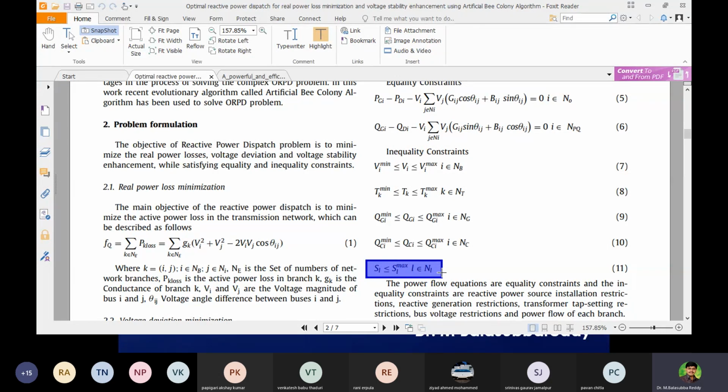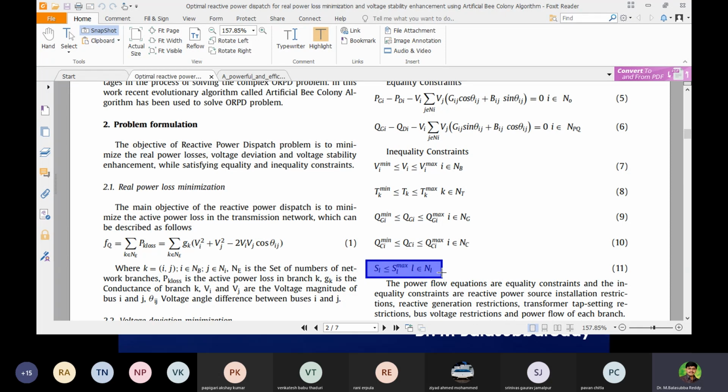For any particular line, what you mentioned is that the line capacities should not be exceeded for your transmission line. Suppose there is one transmission line from bus 1 to 2, and that capacity is 100 MVA.